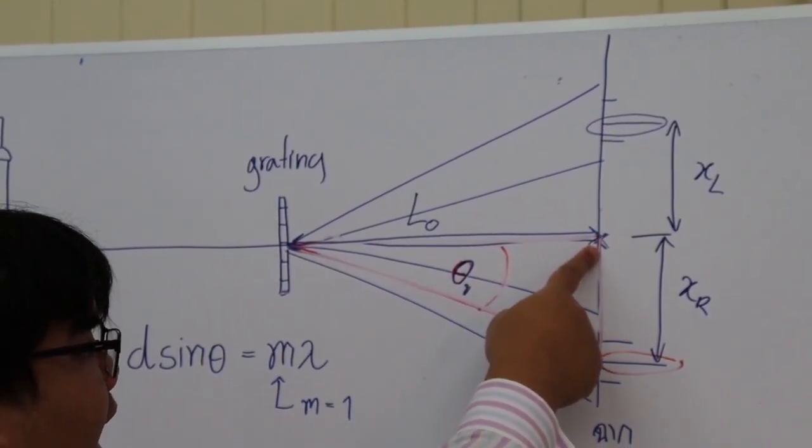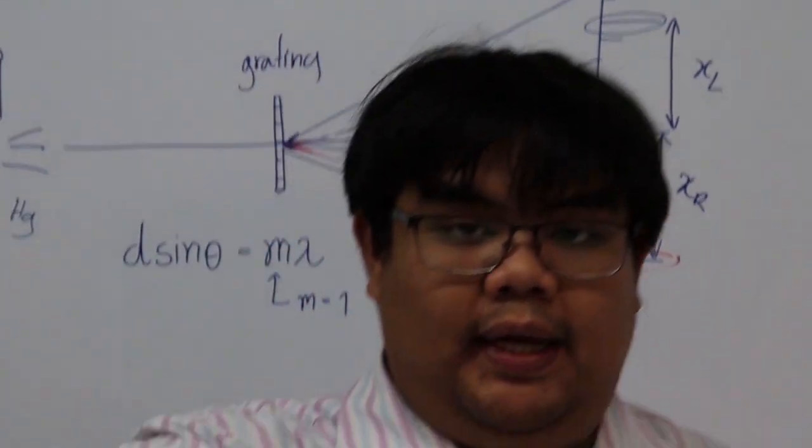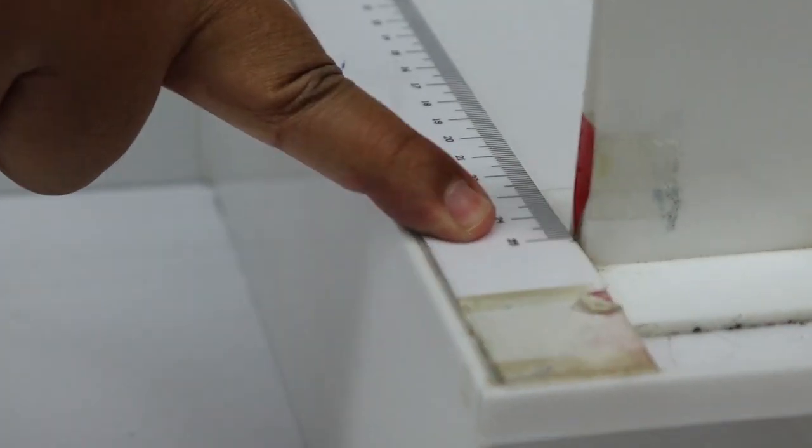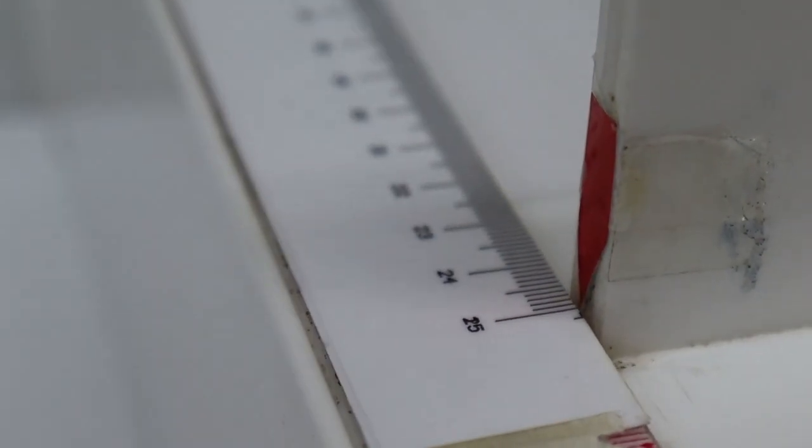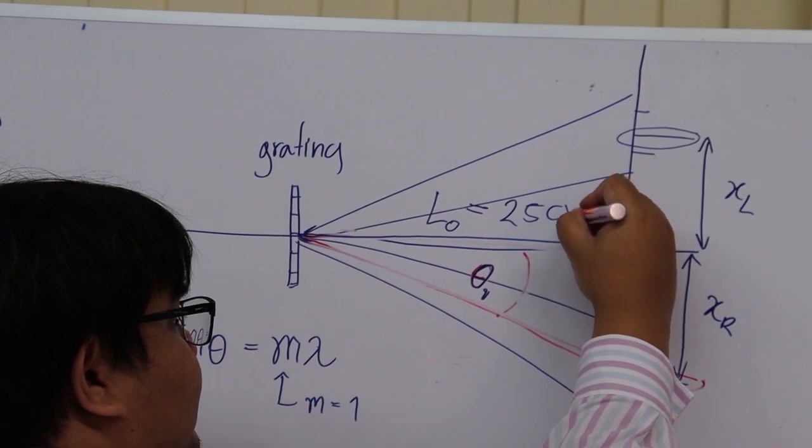L0 is the distance between the grating and the screen. Come back to the real setup. The distance between the grating and screen is 25 centimeters, right? So L0 is equal to 25 centimeters.